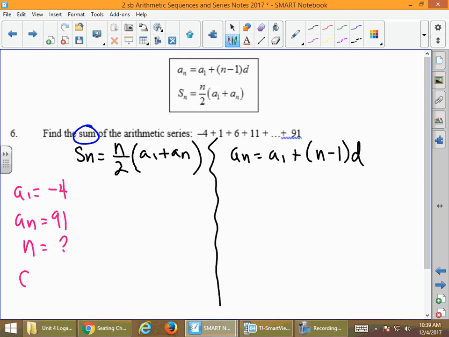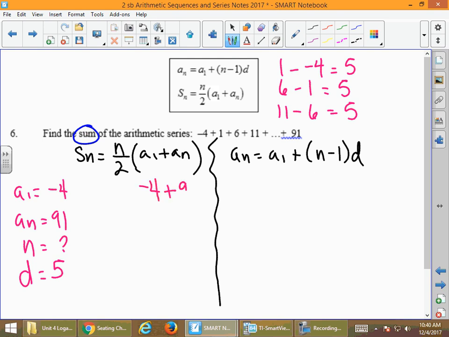We can figure out the common difference, which is 1 minus a negative 4, which is 5. It's 6 minus 1 is 5. 11 minus 6 is 5. There's our common difference. And we need that to figure out what n is so we can fill in the rest of it. Because we know these parts, like I said. We know negative 4 plus 91, but we don't know what n is. So we've got to figure that out.